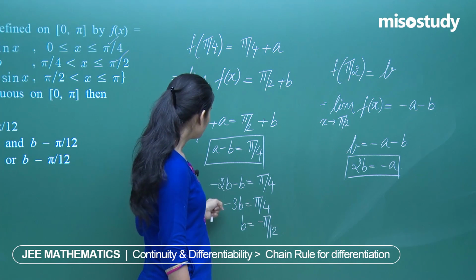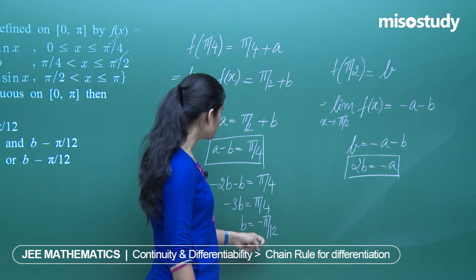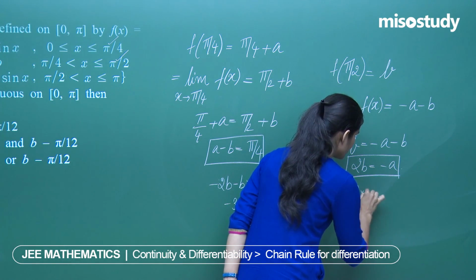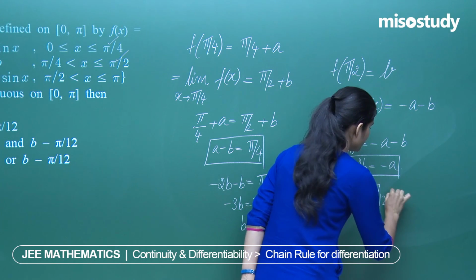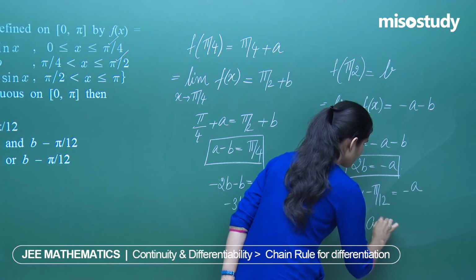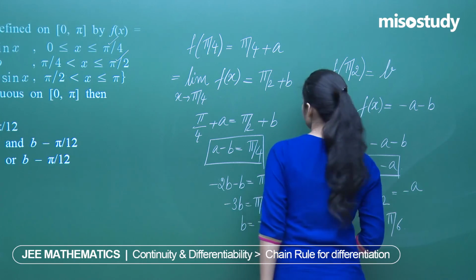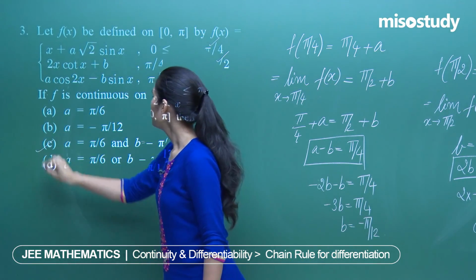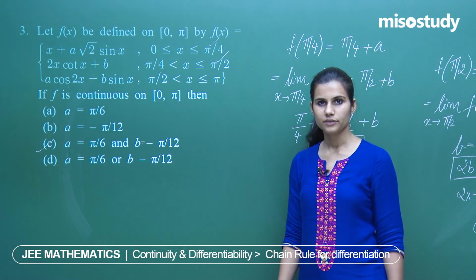If a is −2b, I am getting −2b − b = π/4, so −3b = π/4, so b is −π/12, and in that case a is what? −π/12 equals −a/2, so a is π/6. So a turns out to be π/6 and b turns out to be −π/12. Clear?